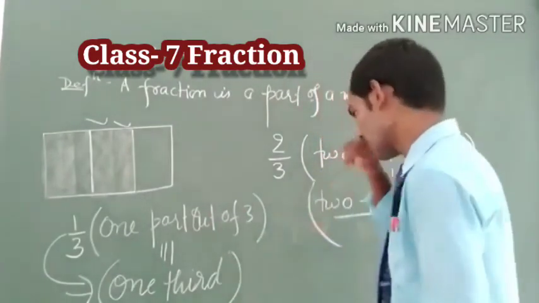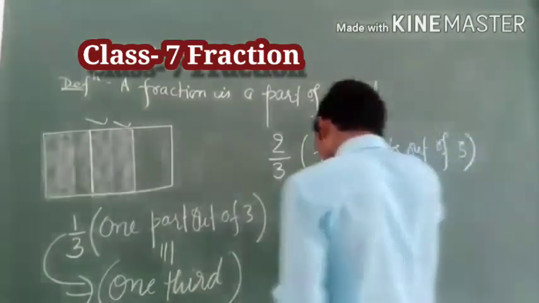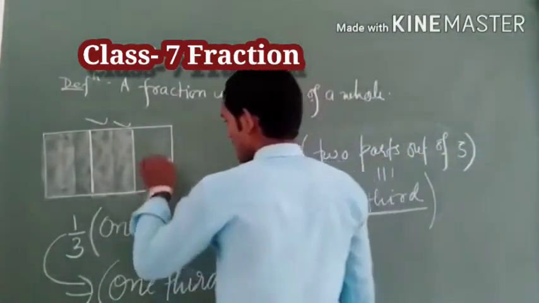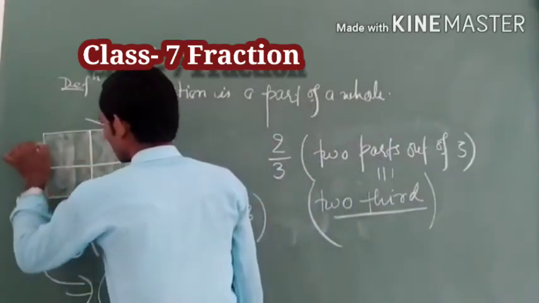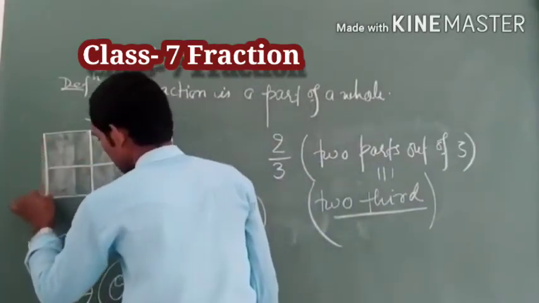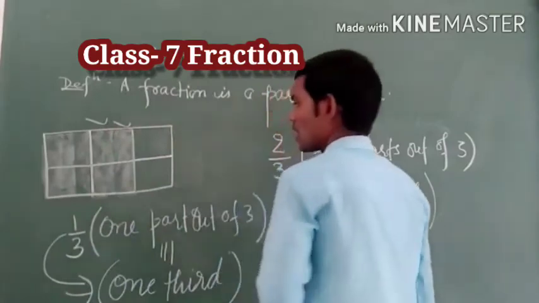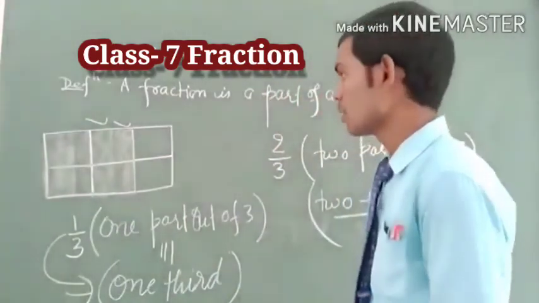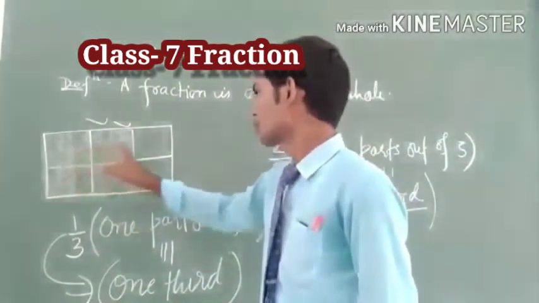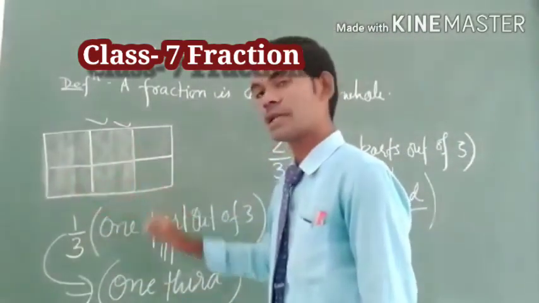Now let us see some more words. Just tell me, how many equal parts can you see in this figure? Here we can see 1, 2, 3, 4, 5, 6.